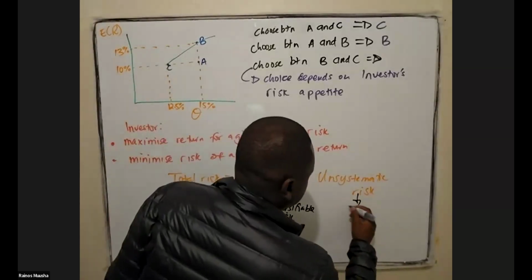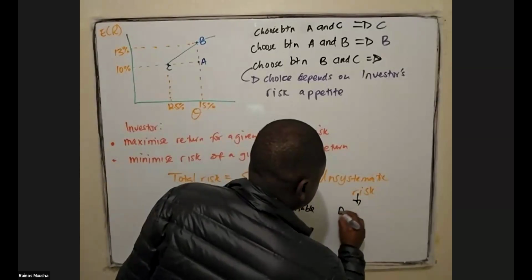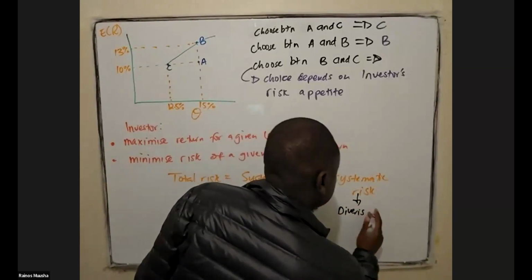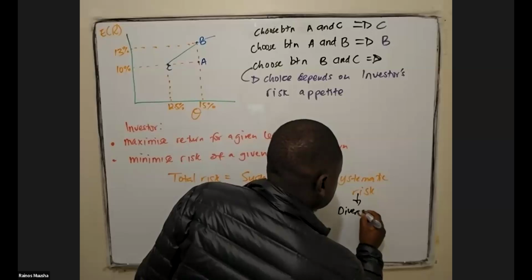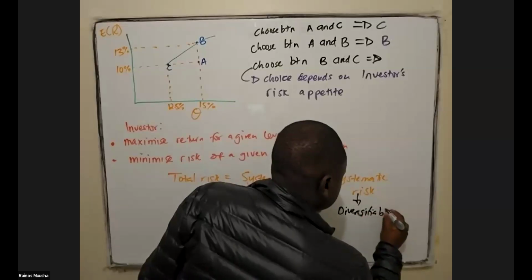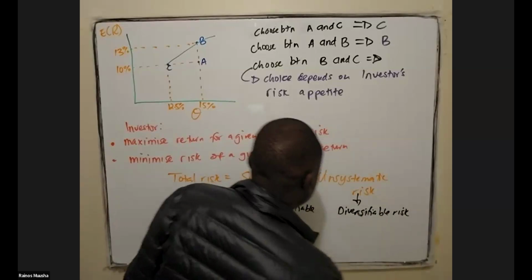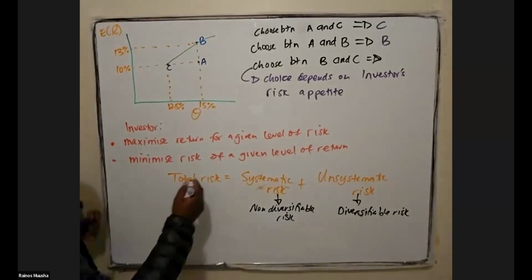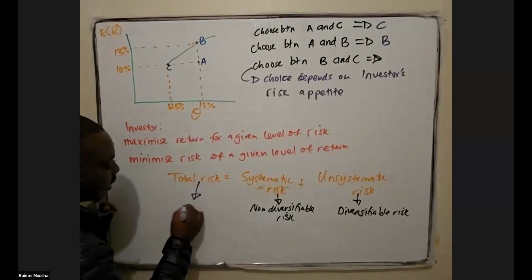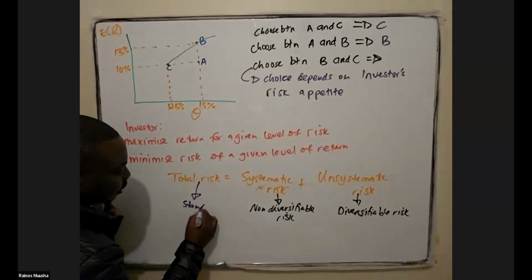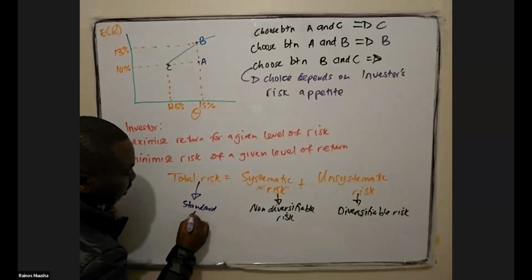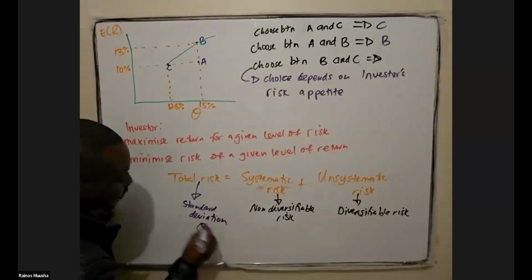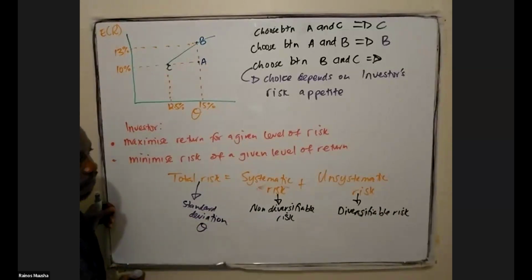And your unsystematic risk is also sometimes referred to as your diversifiable risk. And then your total risk is measured by standard deviation, which is represented by this sign.